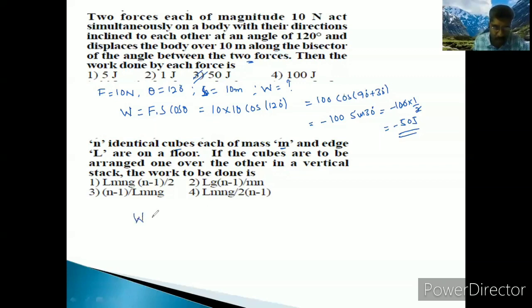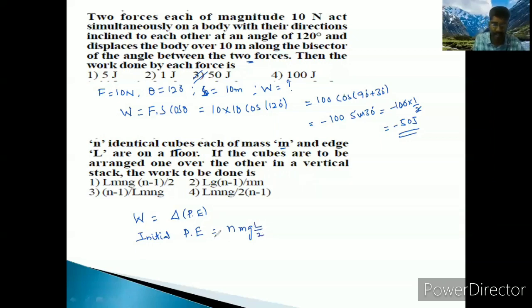Work done is equal to the change in potential energy. So we will see the initial potential energy first. We can write for N identical cubes, mgh, where the height is L by 2, the center of mass.